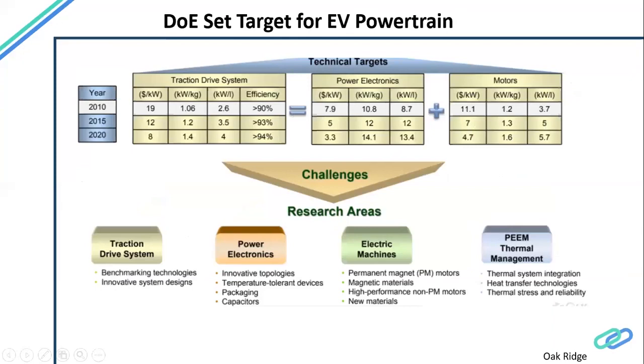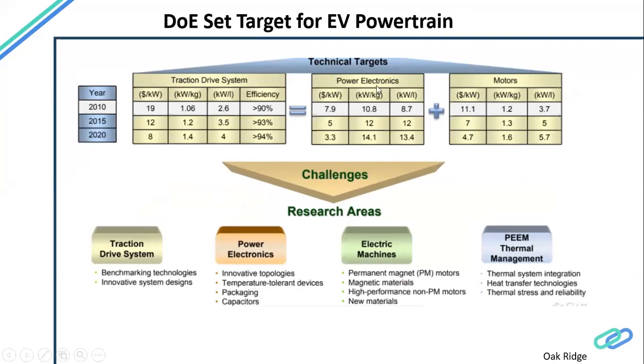Another requirement comes from the Department of Energy, one of the bodies that drives development and research. You can see we are almost in 2020 here, and these are the years. This is the drive system, the complete electric drive.